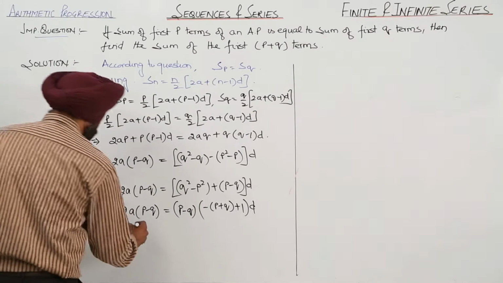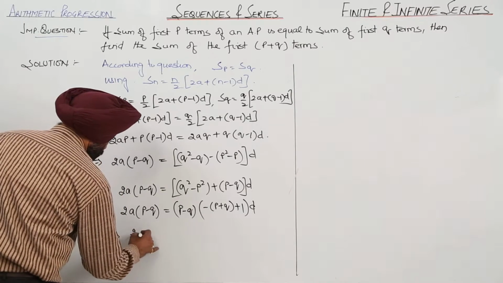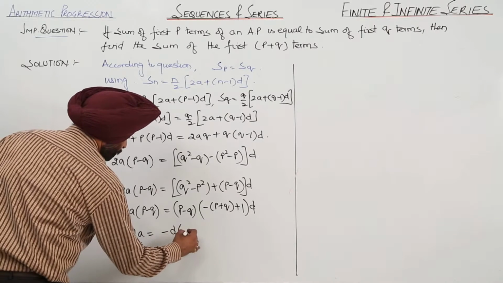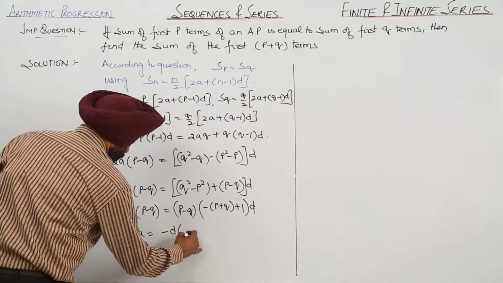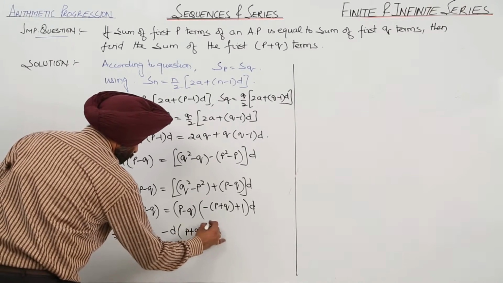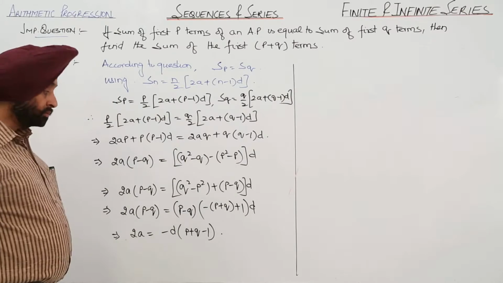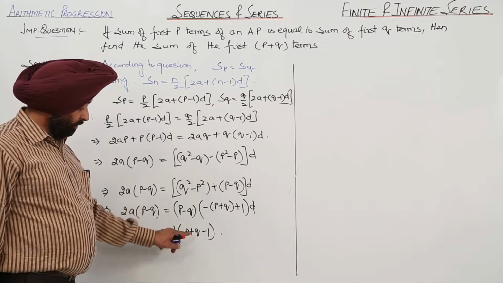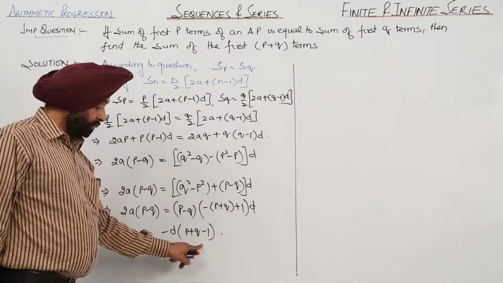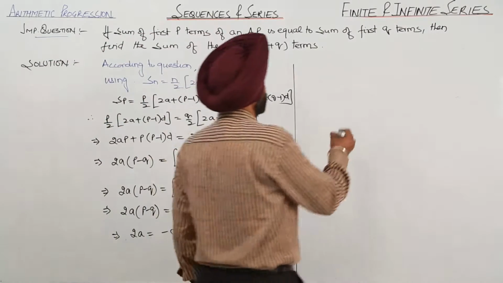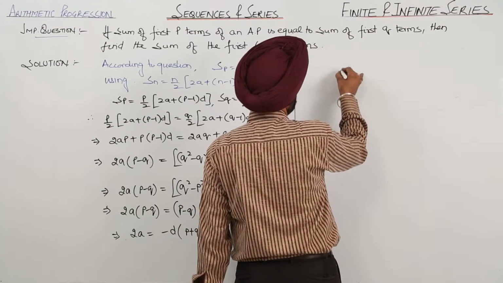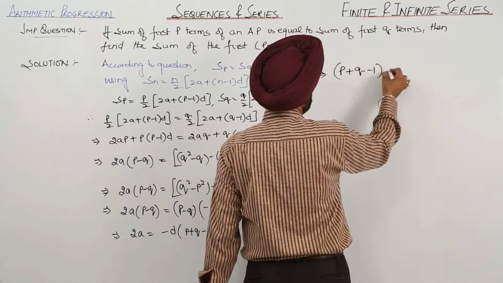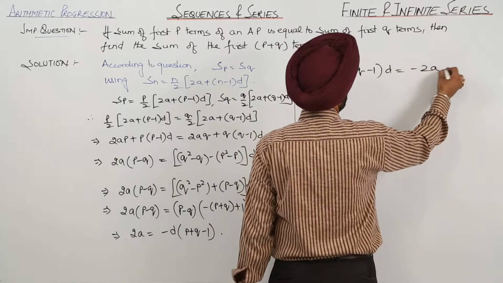Okay, now this becomes 2a is equal to negative of d with (p plus q minus 1). I have taken negative outside. When we are multiplying this one, this term will become negative and this will become positive. So we can write here now, (p plus q minus 1) d is equal to negative of 2a.